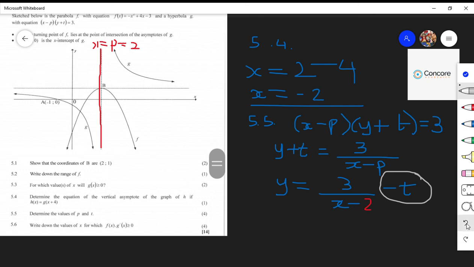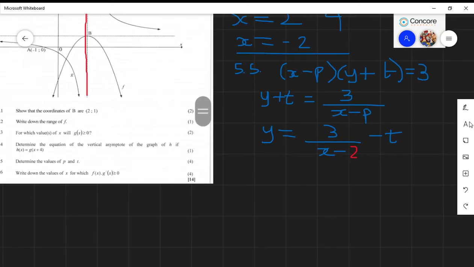So the next best thing would be to substitute the point that they gave us, which is a. So we can substitute our point a into our equation and actually solve for t.